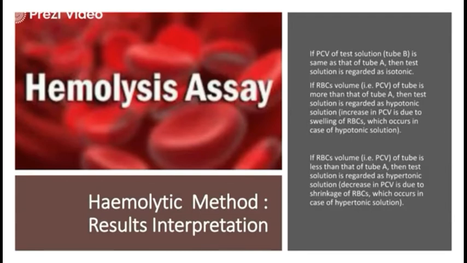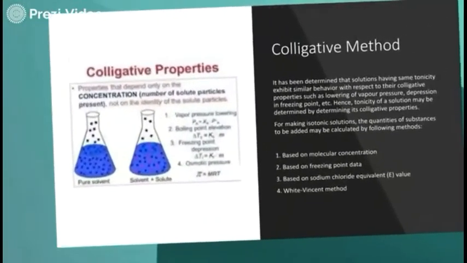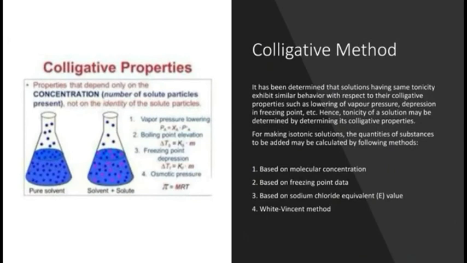The next method is Sprowls method. This is a simplified method of White-Vincent and was introduced by Sprowls. He recognized that the equation V = W × E × 111 could be used to construct a table of values of V. Then the weight of the drug was arbitrarily fixed.